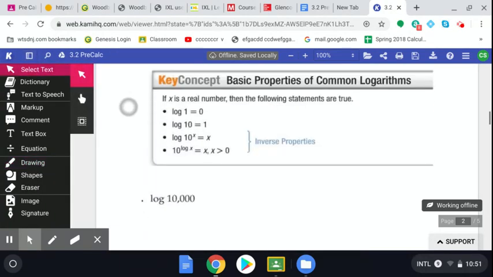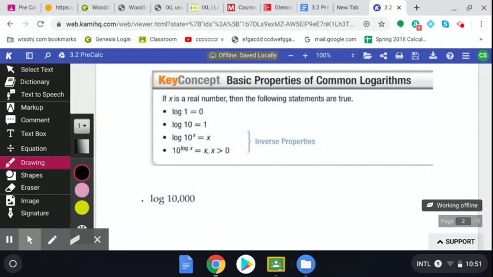So for these basic properties, they should make sense to you, because if the base here is 10, then 10 to the 0 power would be 1. 10 to the first power would be 10.